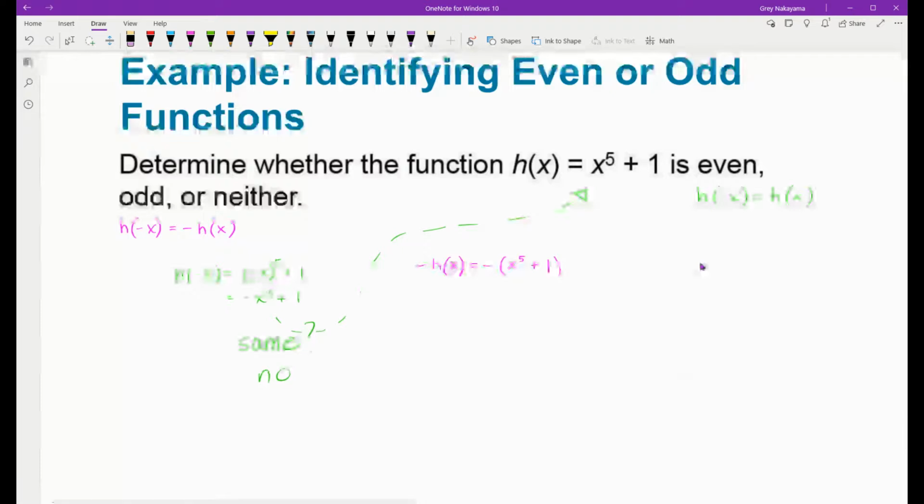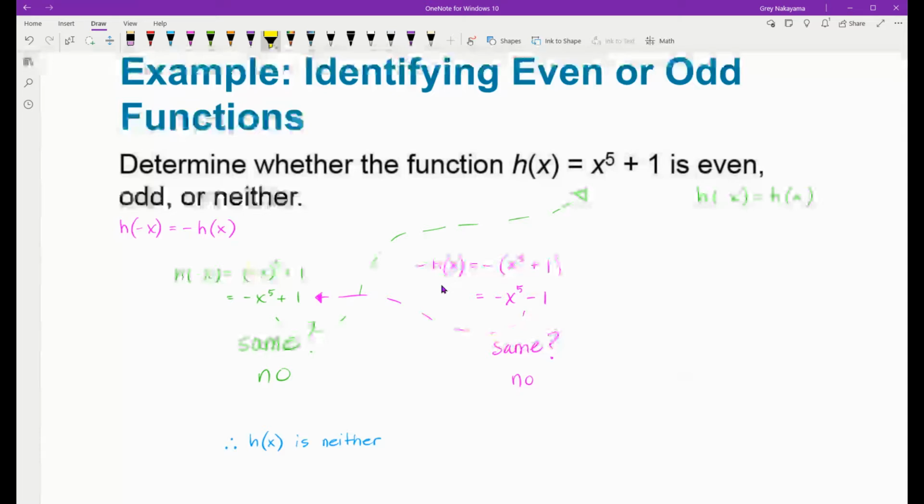And when you distribute that negative, you're going to have negative x to the fifth minus 1. So to find out if it's odd, I want to know if this is equal to that, because they want to know if h of negative x is equal to negative h of x. So I'm looking at this one and saying, is this the same? And it's not the same. Therefore, h of x is neither.